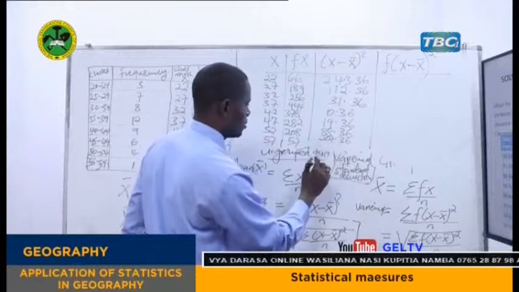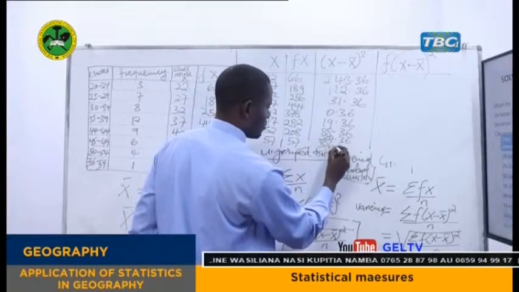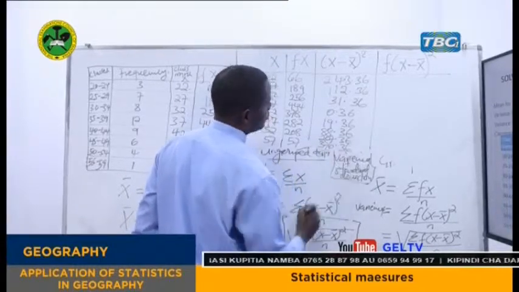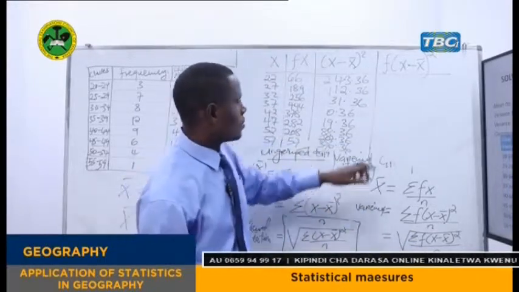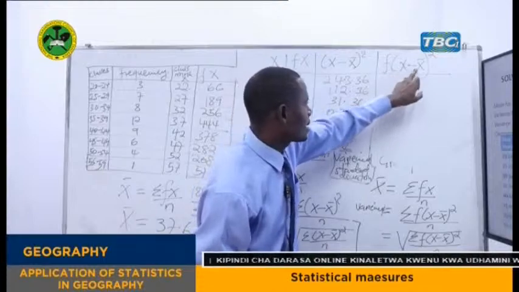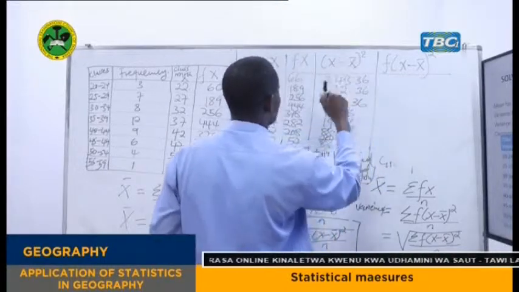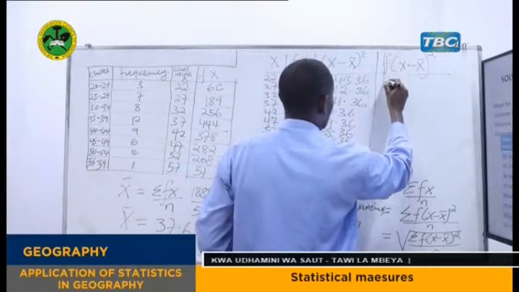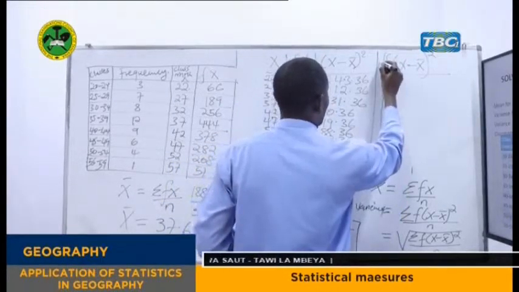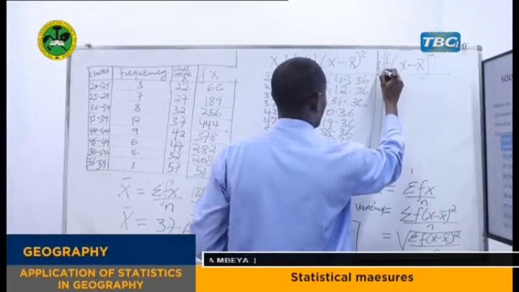And the last one, 376.36. But we are mainly targeting the last column, which is the summation of f times x minus x bar squared. So this one times the frequency. You remember the frequency that we had over there. So we should have another column for the frequency.